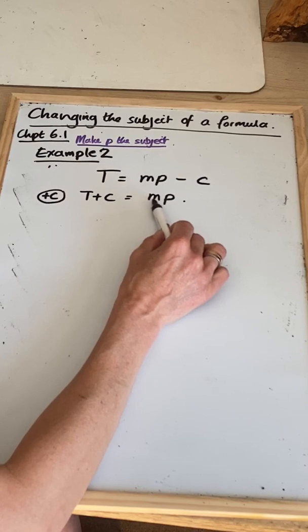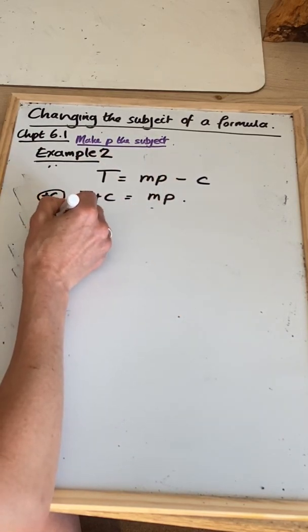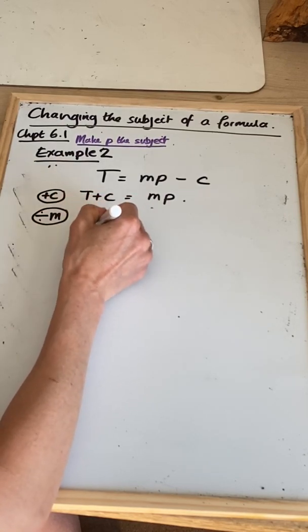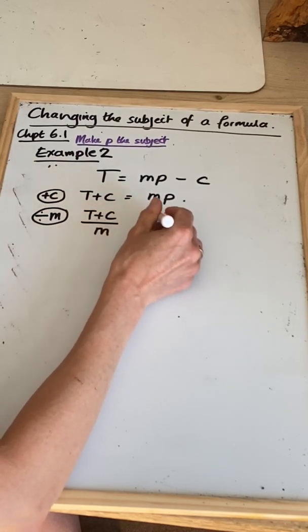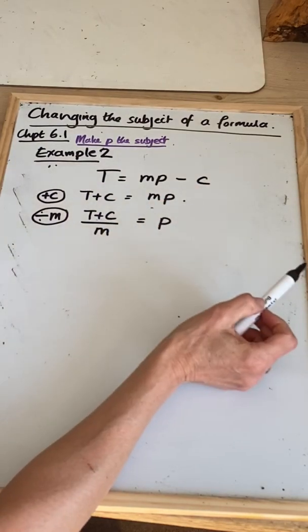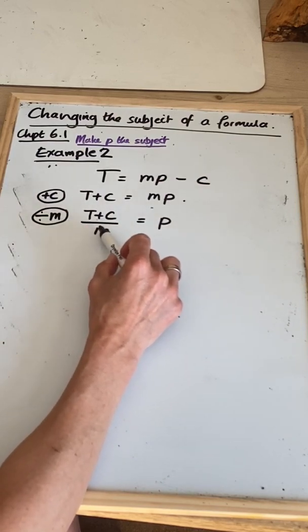This p has been multiplied by an m, I wanted it on its own, so I divide by the m. T plus c divided by m equals p. I've done the same thing to both sides of my formula. I have divided both of them by m.